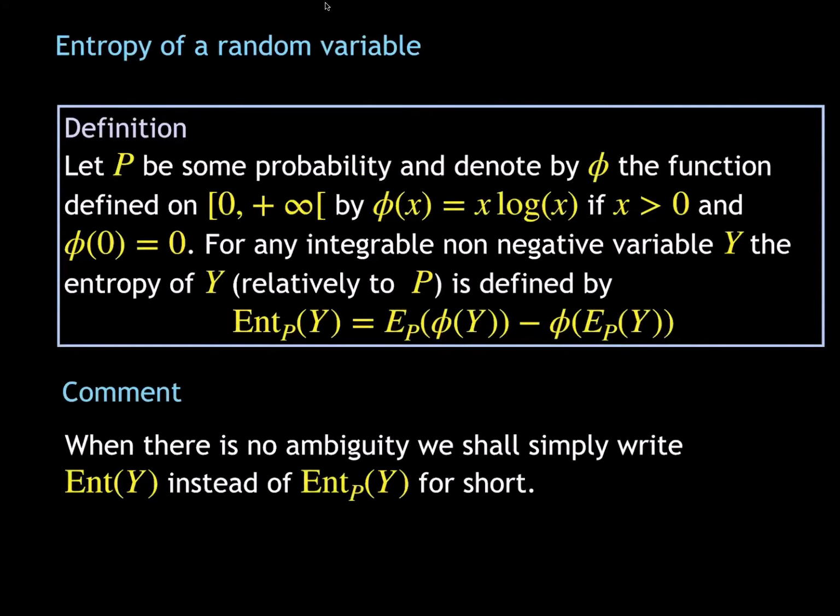And of course, we shall write entropy of the variable with respect to the probability distribution, just to keep in mind that there is an underlying probability distribution on the space, but when there is no ambiguity, I shall simply remove the index P here, okay?